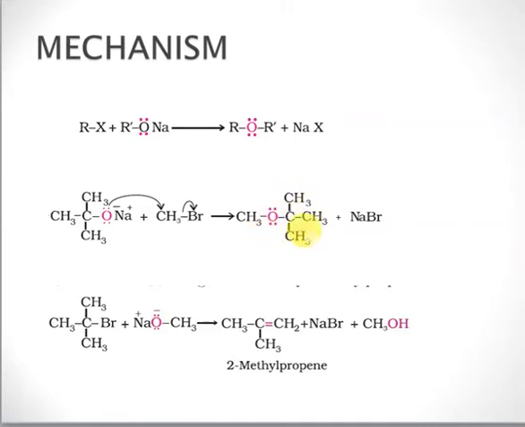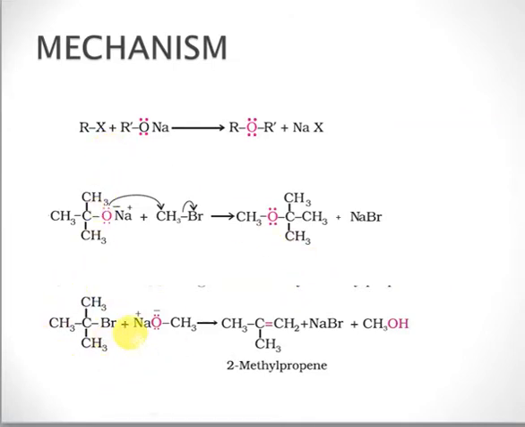This is the larger group, so that will form the alkane, and the smaller group will be called methoxy: methoxy 2,2-dimethyl ethane.